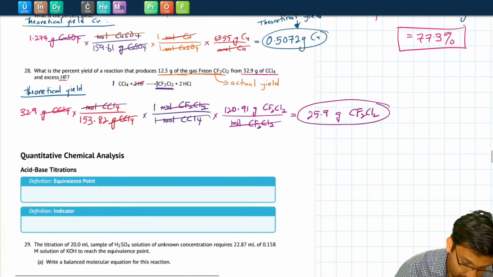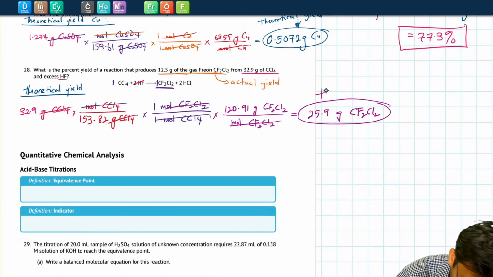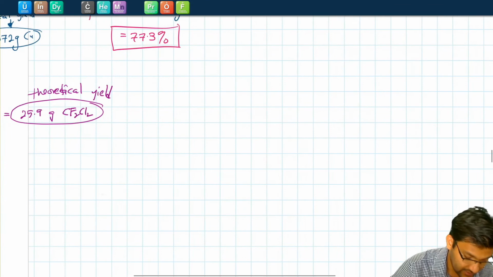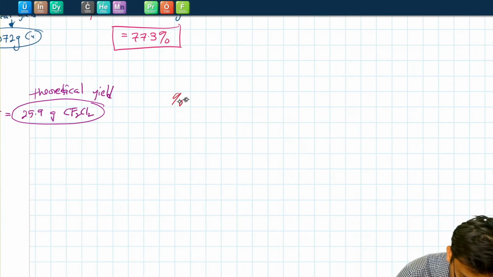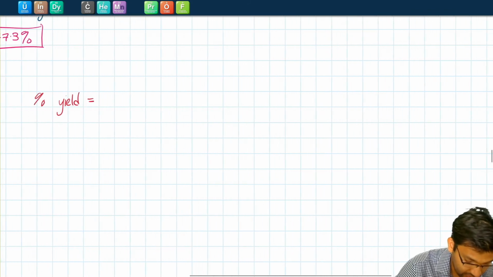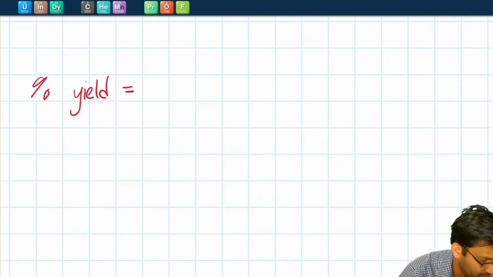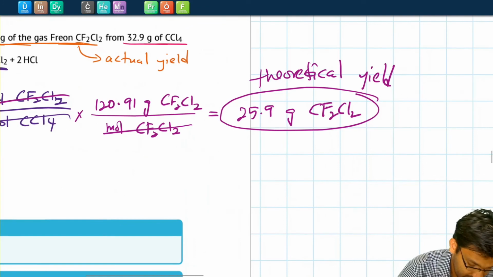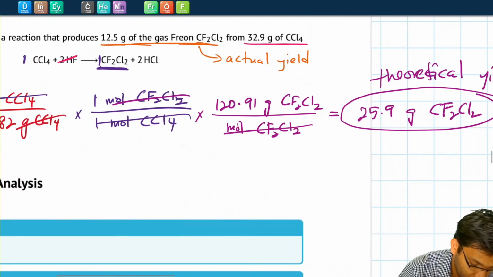Okay, so now that we have the actual yield and the theoretical yield, we can calculate our percent yield. So let's do that. Our percent yield would be equal to our actual yield, what we got from the experiment, which according to this was 12.5 grams.